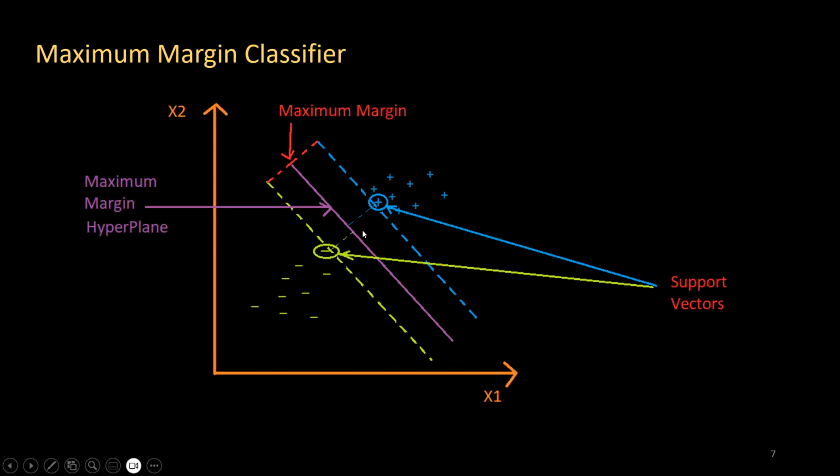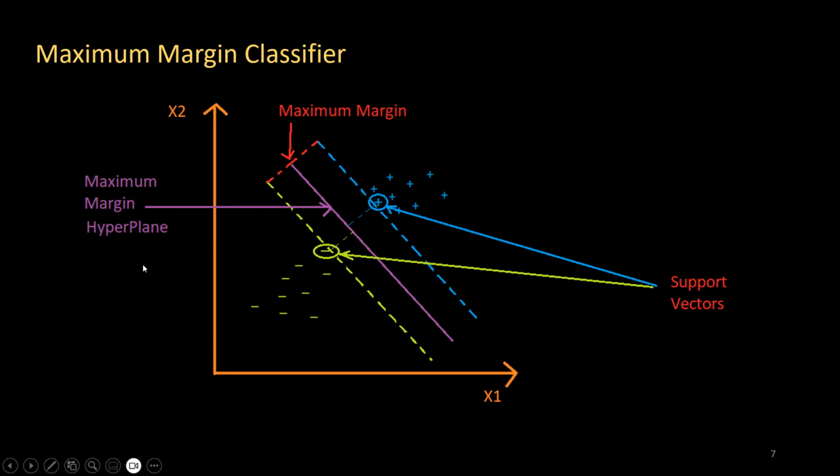So again, these are our support vectors, and now we call this line a maximum margin hyperplane. We have a maximum margin, a negative support vector and a positive support vector, and we call this boundary a maximum margin hyperplane.